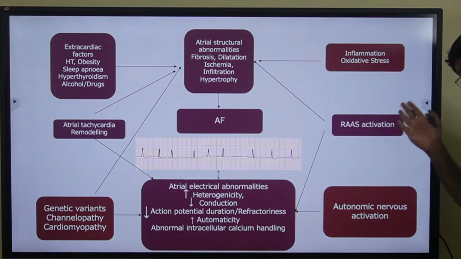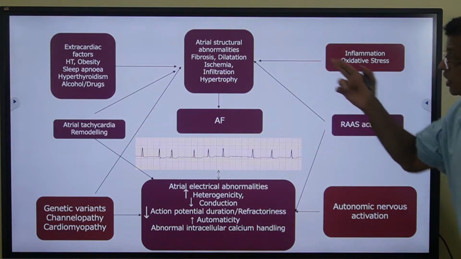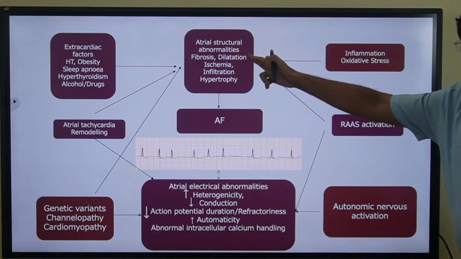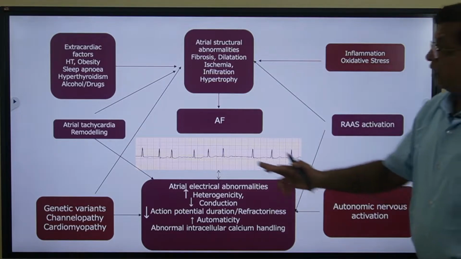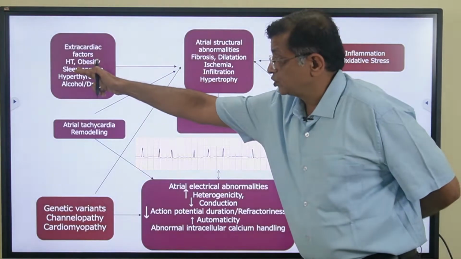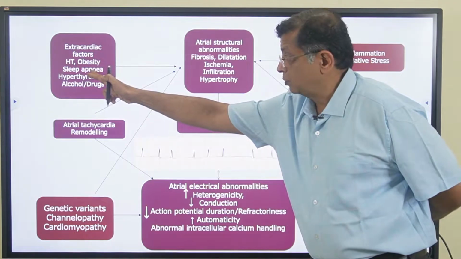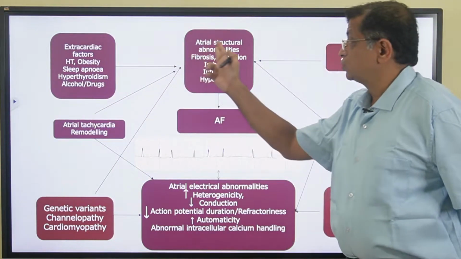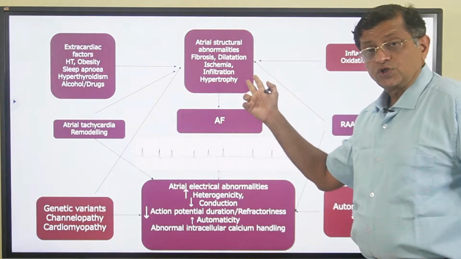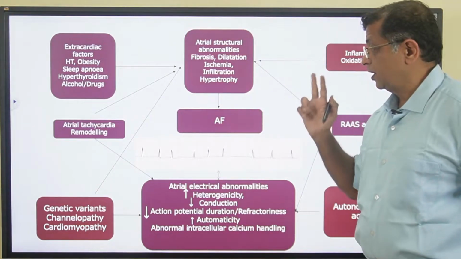The renin-angiotensin-aldosterone system gets activated, and this can itself cause atrial structural abnormality, causing AF. Extracardiac factors like hypertension, obesity, obstructive sleep apnea, hyperthyroidism, alcohol, and drugs also cause structural problems with the atria, resulting in AF.